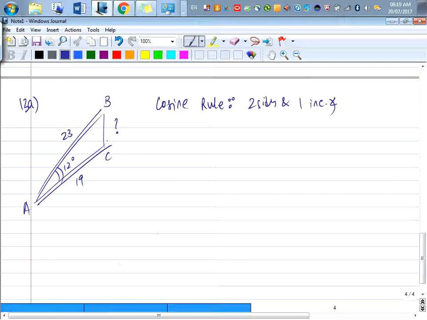We want to find BC, right? And then the angle opposite it is 12. So I will start my equation with BC squared. Okay, BC squared equals to, okay, 23 square. Please complete it, Zafira. 23 square plus 19 square.